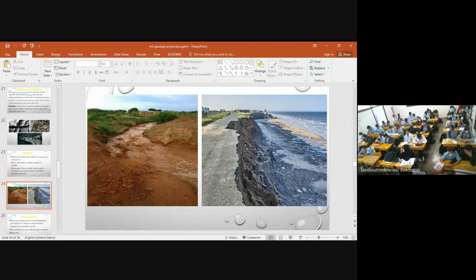We have the flowing of a river. This one is the seawater. You see this? This is the ocean or the sea. The impact of the waves caused this. So that is erosion: flowing of river and seawater, the impact of the waves caused by this.